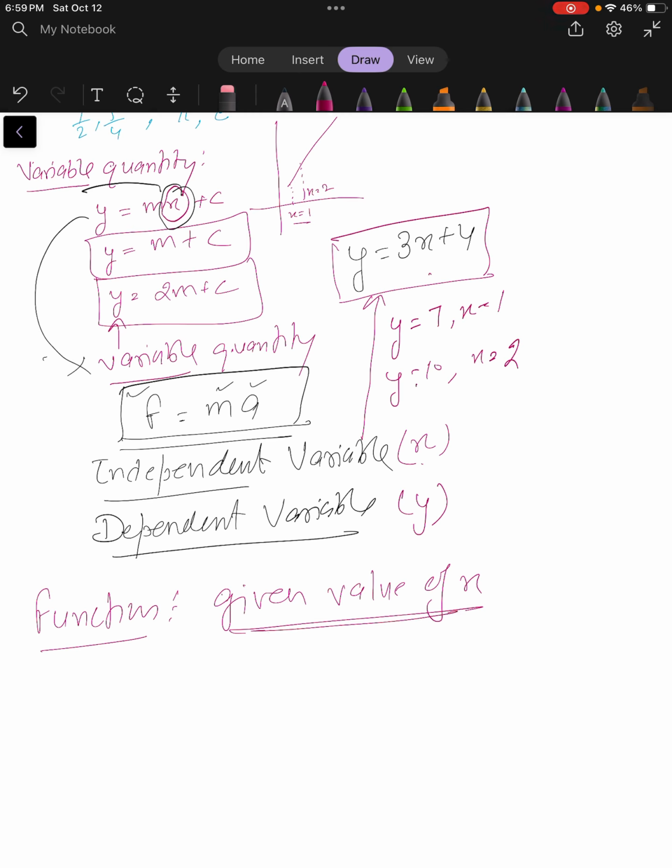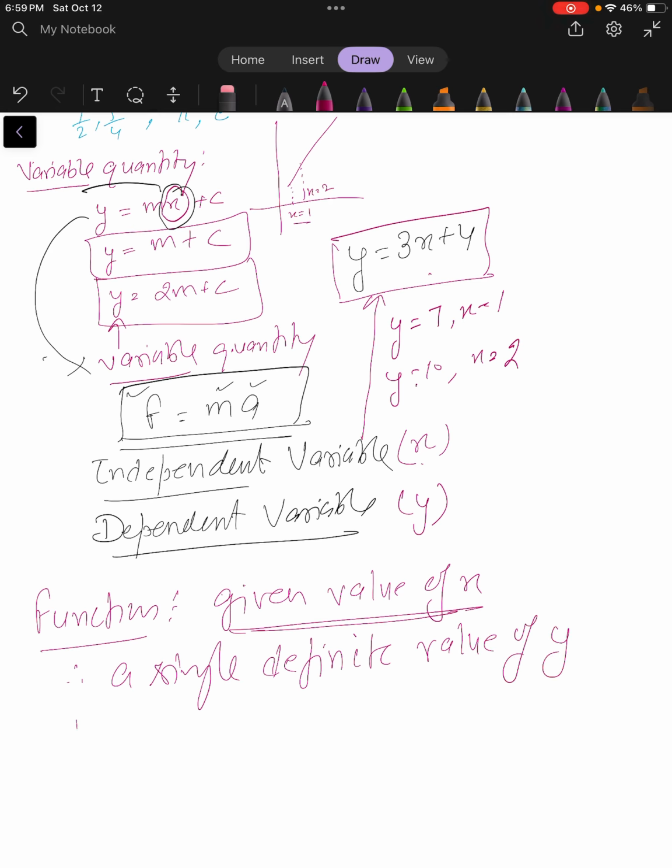For a given value of x, there exists a single definite value of y.